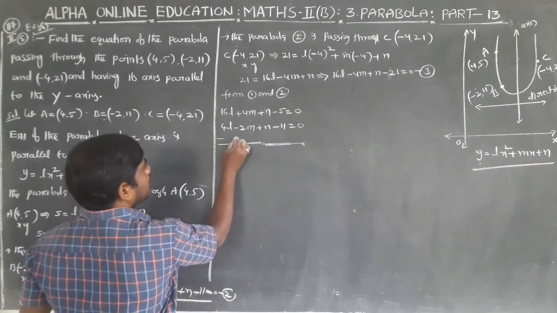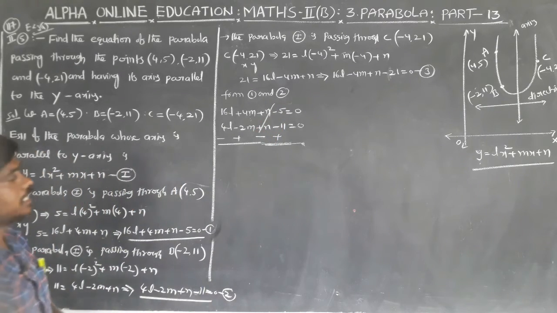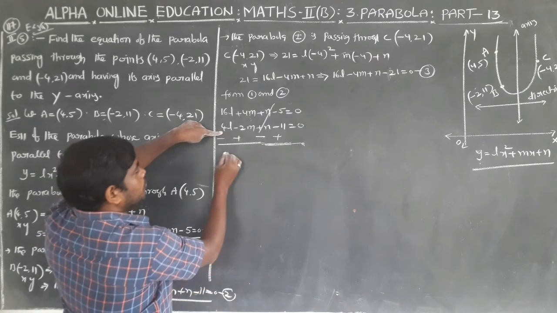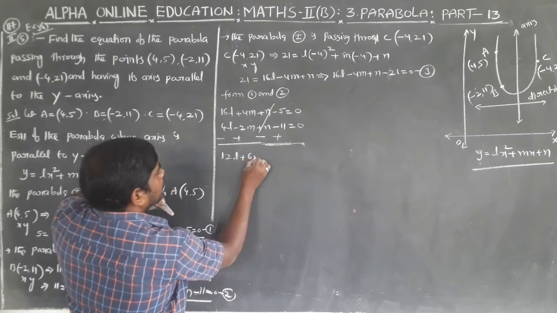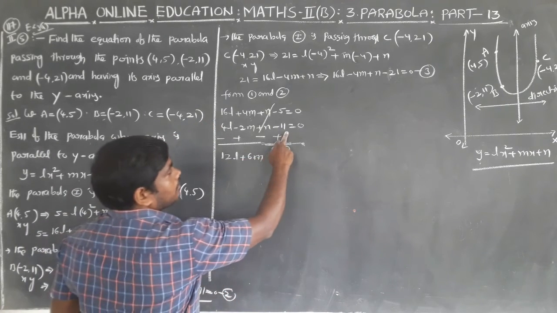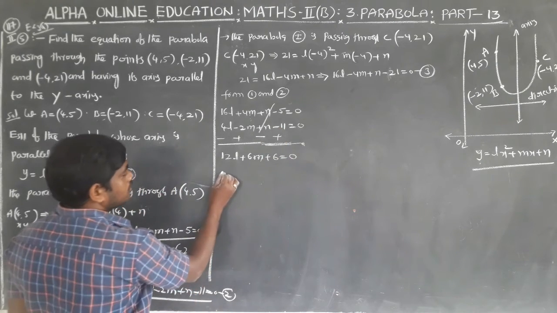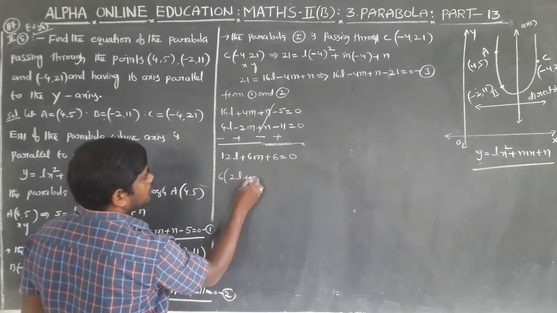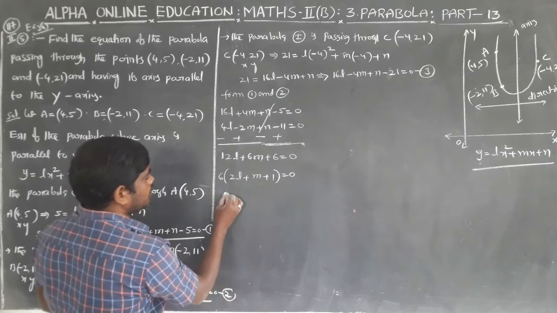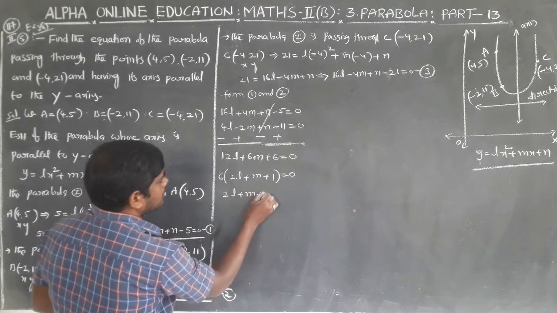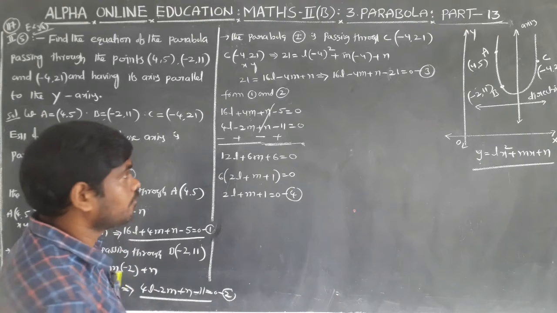Subtracting, n minus n gets cancelled. 16L minus 4L is 12L, plus 4m plus 2m is 6m, plus 11 minus 5 is plus 6, is equal to 0. 6 is common: 6 2s, 6 1s, 6 1s, 0 by 6 is 0. Therefore 2L plus m plus 1 is equal to 0. This is the condition number 4.